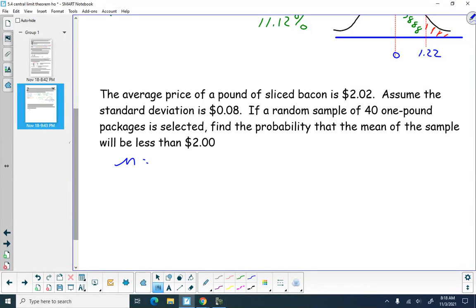So we have population mean at $2.02, a standard deviation of 0.08, and a sample of 40. I want to find the probability that the mean will be less than $2.